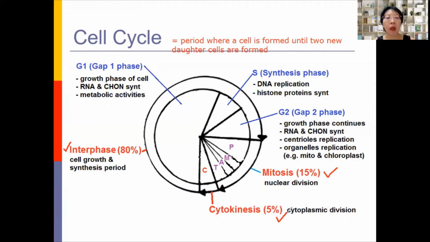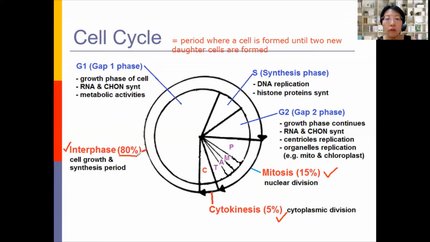Okay, so when you look at a plant cell under the microscope, in the zone of cell division, you can see the cell undergoing interphase, mitosis, or cytokinesis. So what actually happens during those phases? Interphase is the longest phase of the cell cycle, so 80% of the time, cells are at interphase.